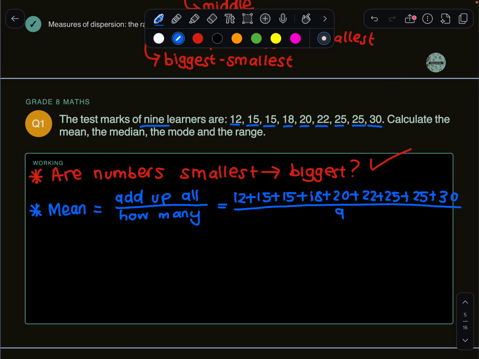Let's work that out quickly. So at the top we get 182 divided by 9, and so our mean is 20.22.